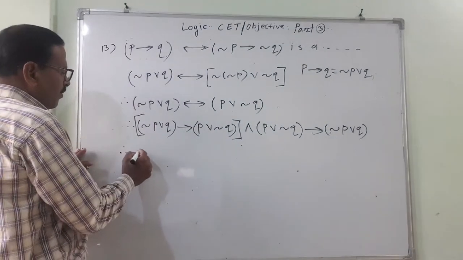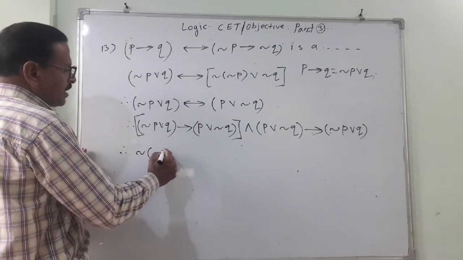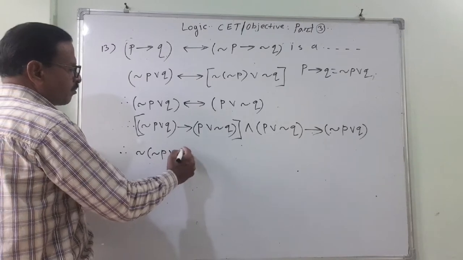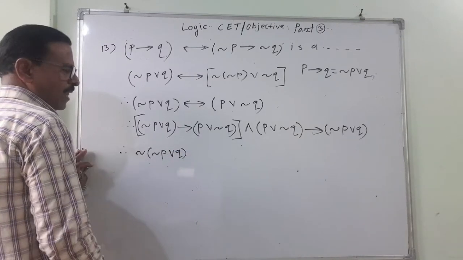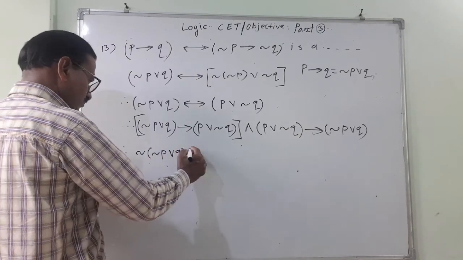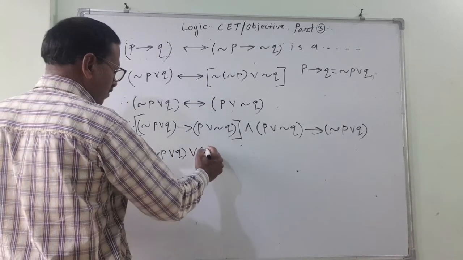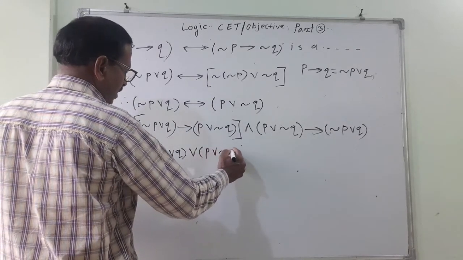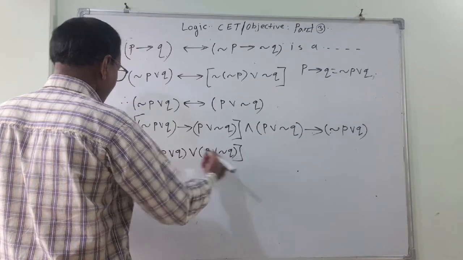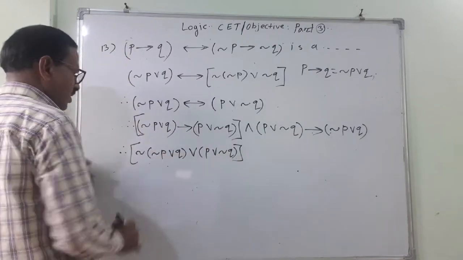Therefore, negation of negation P or Q or this, P or negation Q. This is the meaning of the whole this.